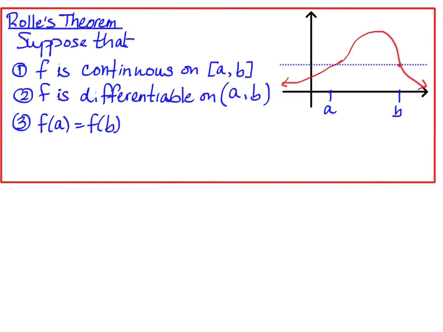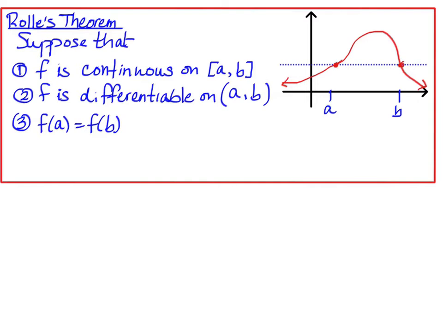So there are two points, where x equals a and another where x equals b, that have the same y coordinate. So this is a function that goes up and comes back down. It could be a function that goes down and comes back up.